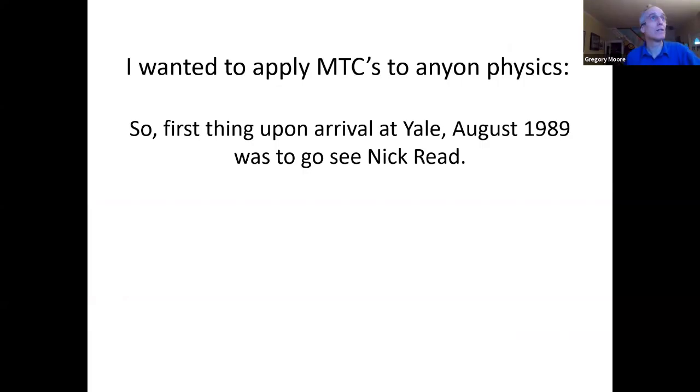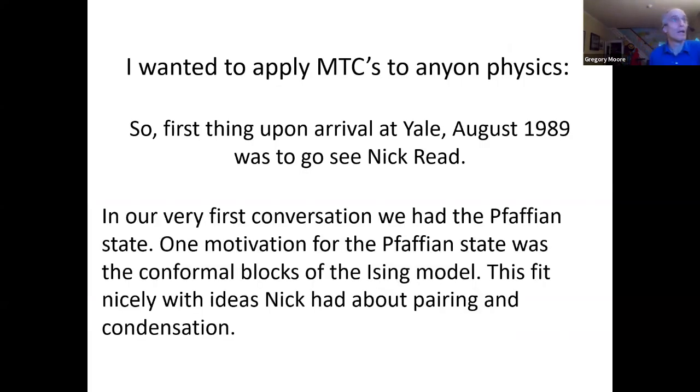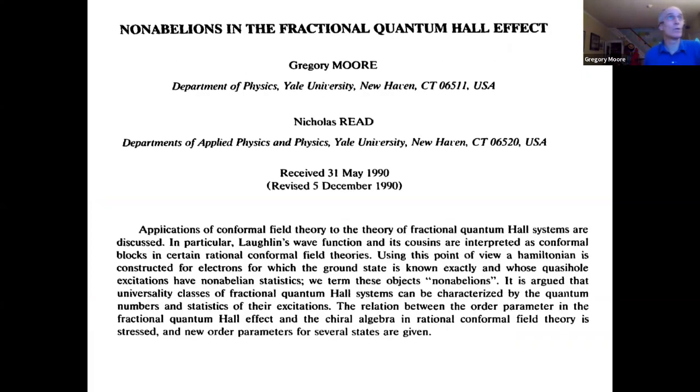First thing I did on arriving at Yale was go see Nick Read. And in our first conversation, we had the Pfaffian state. And one motivation for the Pfaffian state was that the conformal blocks of the Ising model motivated us to give the Pfaffian state. And that fit nicely with ideas Nick had about pairing and condensation at the time. So our paper was written that fall.